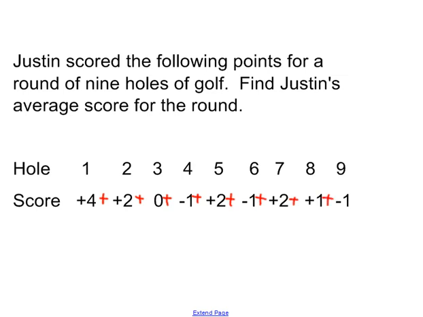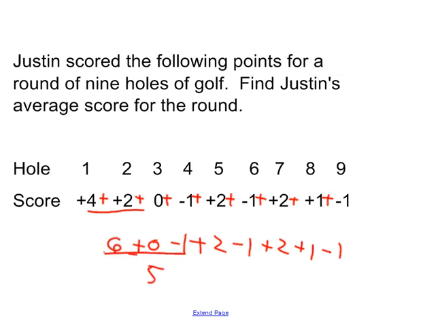I'm going to start and work these through left to right. 4 plus 2 would give me a 6, plus 0, minus 1, plus 2, minus 1, plus 2, plus 1, minus 1. So in this case, I'm going to go 6 plus 0 is 6, minus 1 becomes 5. I did those 3. That would be then plus 2, minus 1, plus 2, plus 1, minus 1.